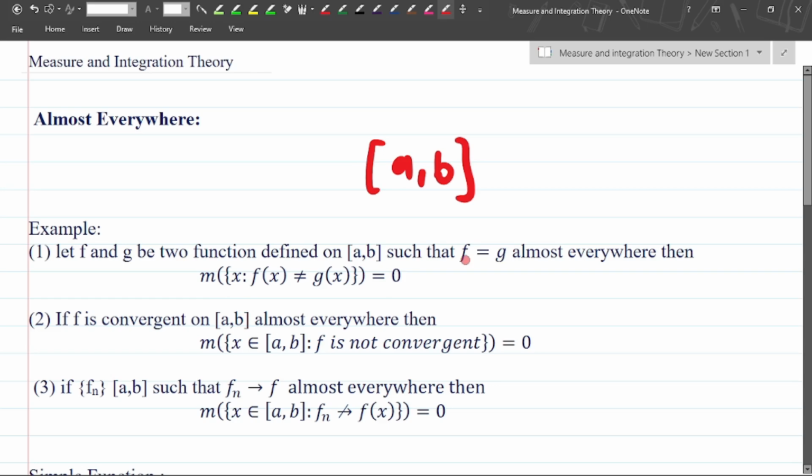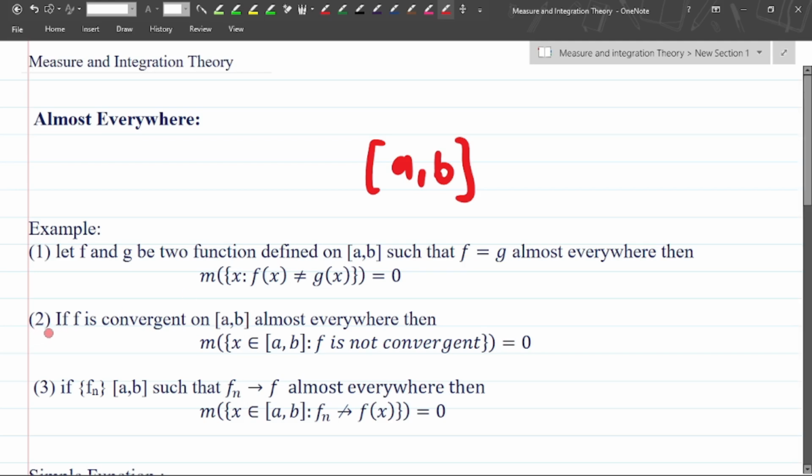That is, for all those x for which the functional values are not equal, the measure of that particular set is zero.